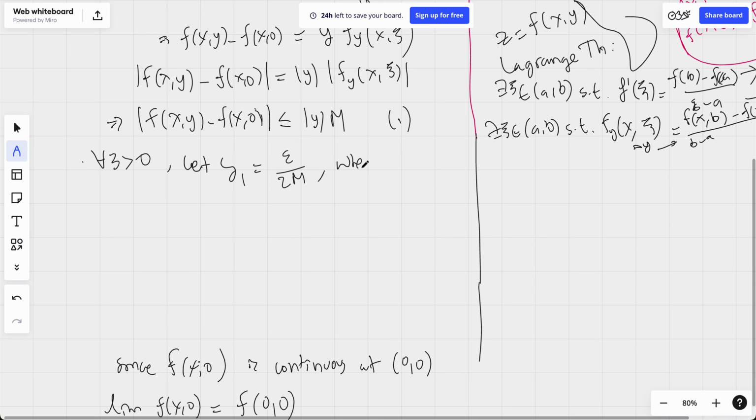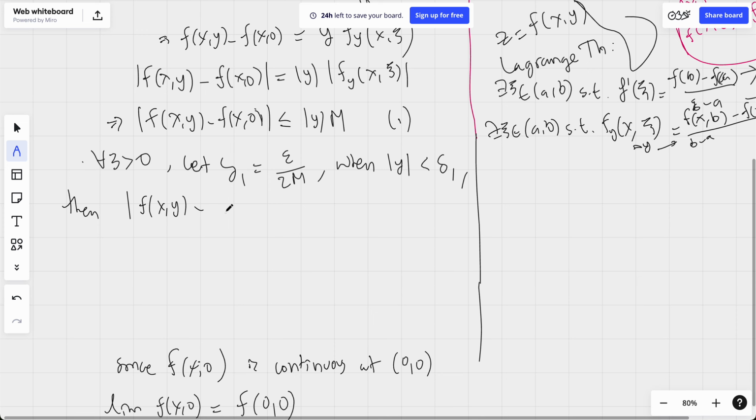Then when the absolute value of y is smaller than delta 1, then we will get this.